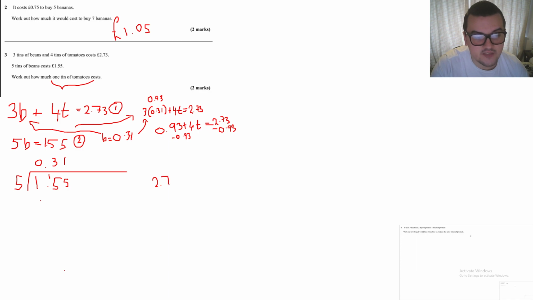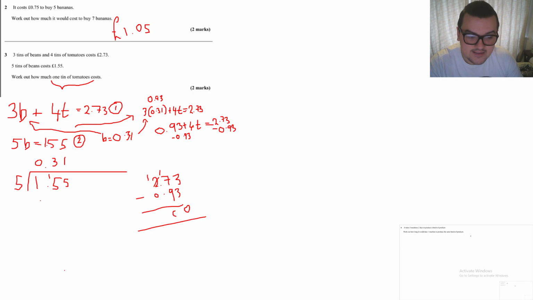So 2.73 minus 0.93. 3 minus 3 is 0, 7 minus 9 we can't do, so we pinch 1 off the 1, put it here. 17 minus 9, that's 8. 1 minus 0 is 1. So 4T equals £1.80. And now we can just divide by 4 on both sides to solve for t. That gives us 45 pence. You can do that using long division, but I'm just saving a bit of time.